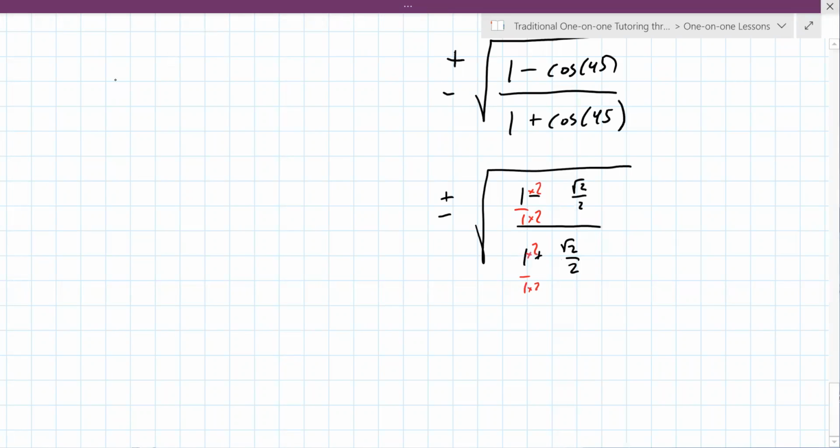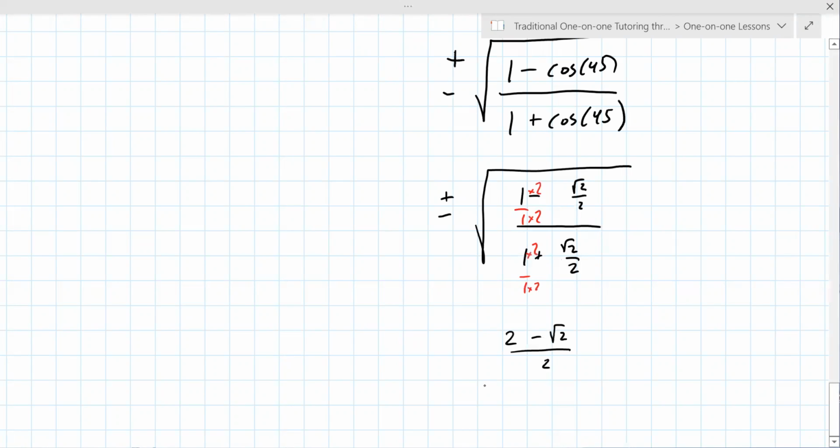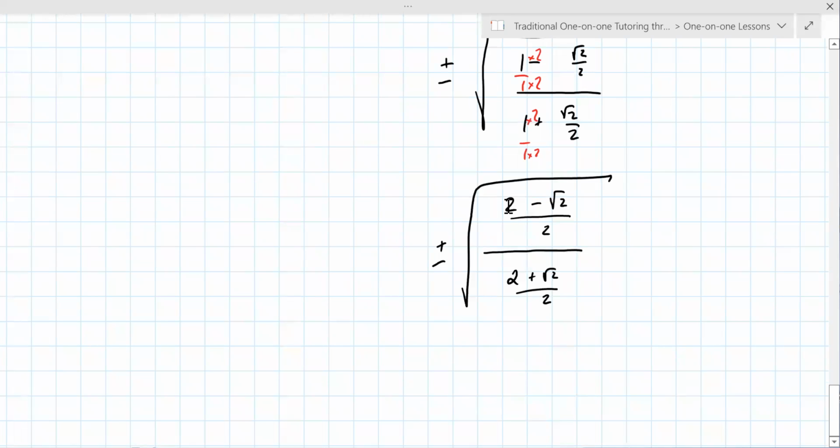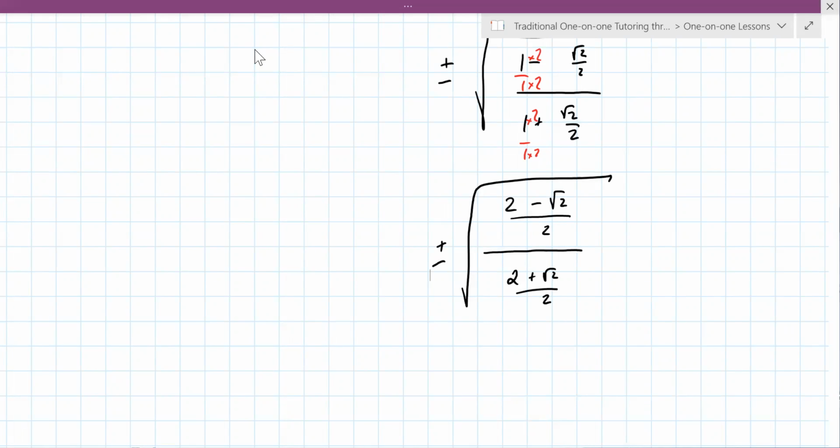So it becomes 2 minus root 2 on the top over 2, over 2 plus root 2 on the bottom over 2, because once you make the common denominator, you can just keep the one denominator. Okay. So what do we have here? The bottoms cancel. Do you see that the 2's on the bottom would cancel?